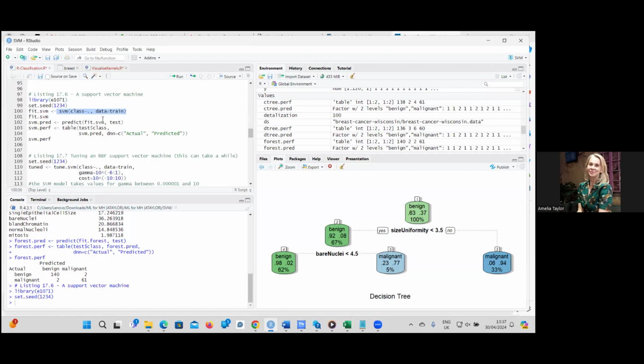Just to say here that this support vector machine transforms your data, so it scales each variable you have so that they have a mean of 0 and standard deviation of 1. So all your numerical variables will be scaled that way.